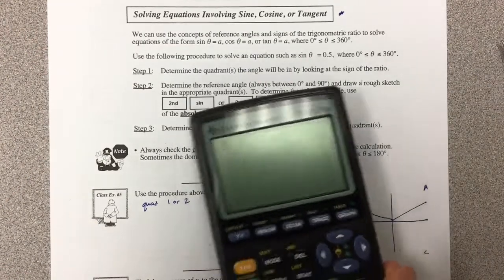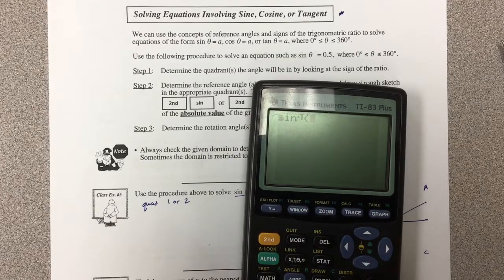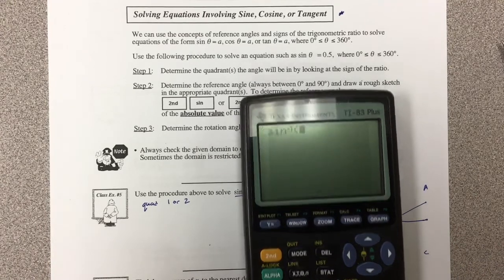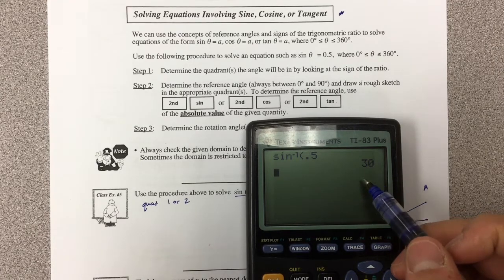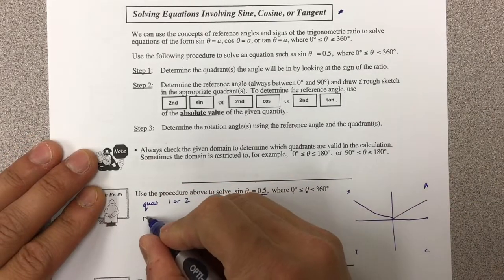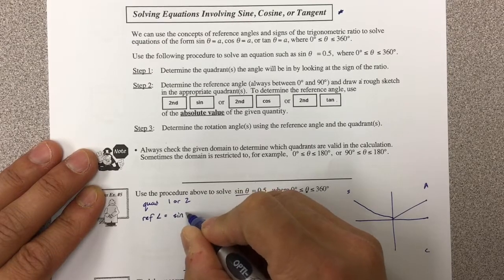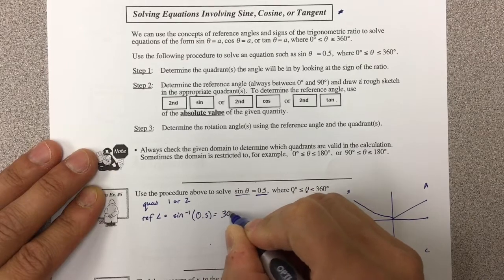Then we press our sine button and type in my ratio, which was 0.5 in this case. So we have a reference angle of 30 degrees. My reference angle is equal to the inverse sine of 0.5, and that's equal to 30 degrees.